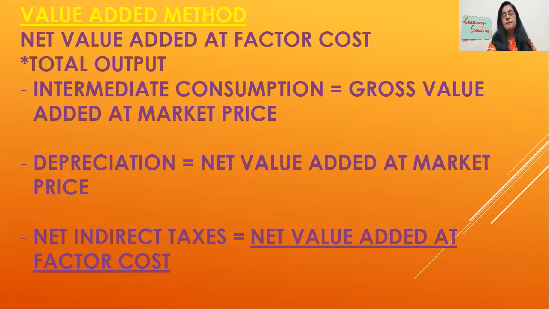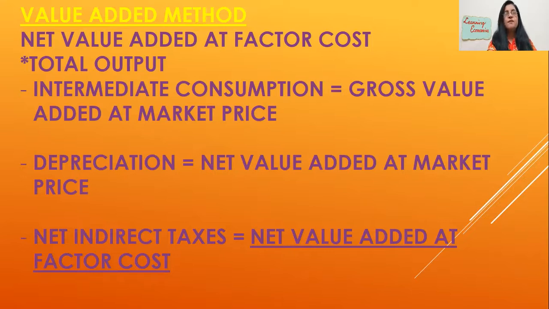Market price is the price at which the thing is sold, and factor cost is the cost at which the thing is produced. The actual production cost is factor cost, and the value of the thing in the market is known as market price. Market price also includes net indirect taxes. Factor cost does not include them.